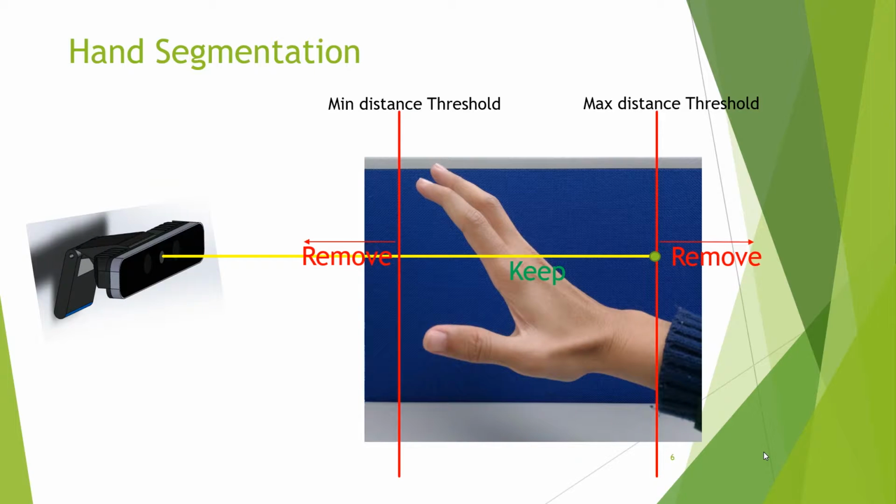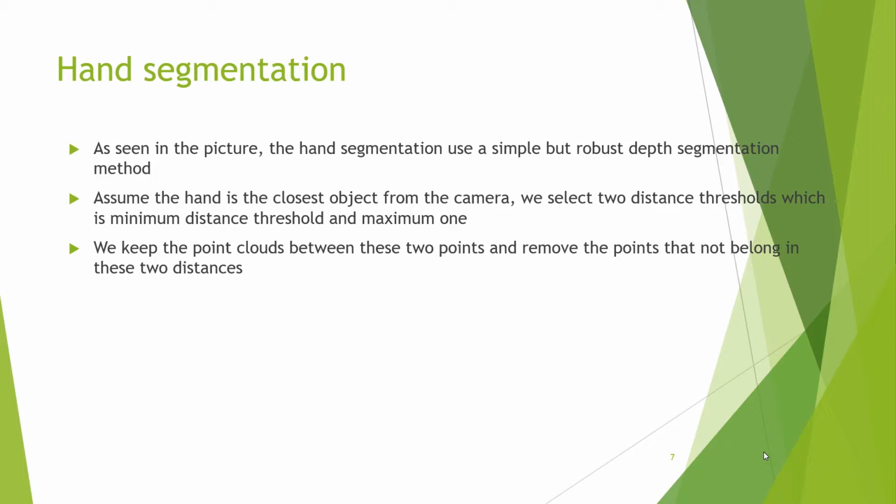Here for the hand segmentation we use a simple hand depth threshold method, and as you can see in this picture there are two thresholds, a minimum distance threshold and a maximum distance threshold. Basically, the hand segmentation works by assuming that the hand is the closest object to the camera.